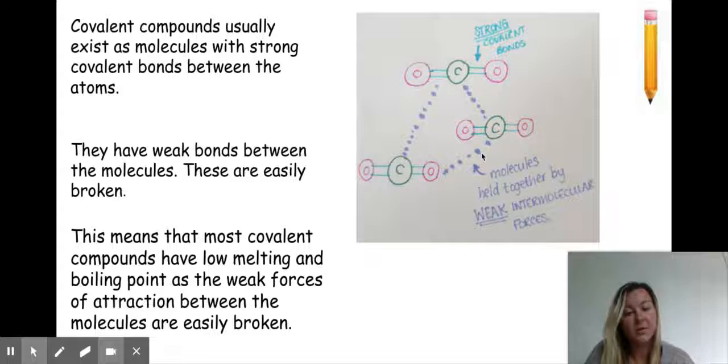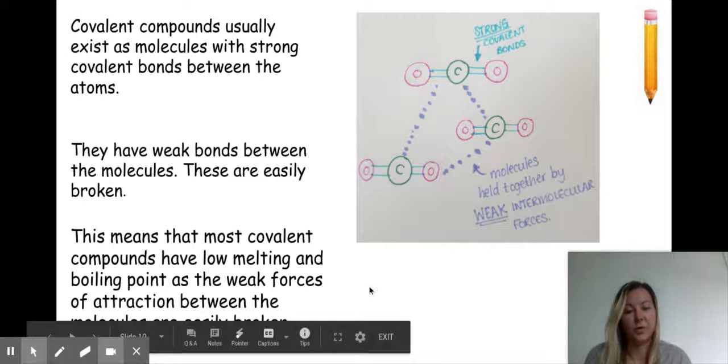They are held together very weakly, and so a little bit of energy is enough, so for example, some of them don't even have to get to room temperature. They've already melted or boiled by then. That's enough energy to break these purple intermolecular forces. The strong covalent bonds are not being broken in this instance.